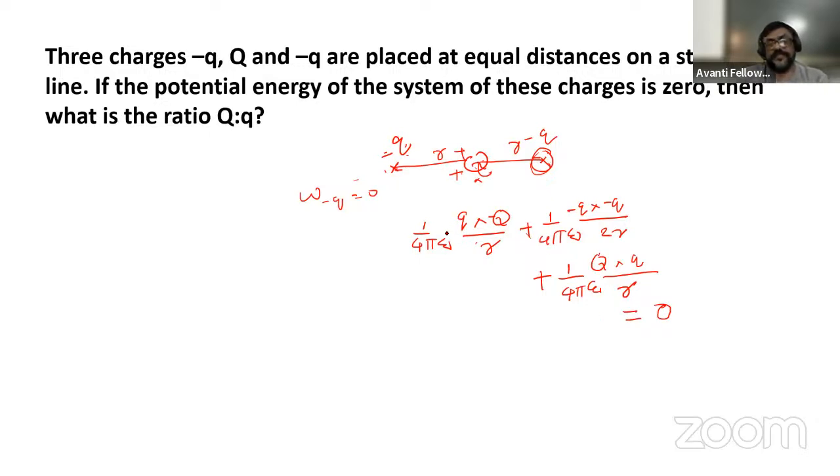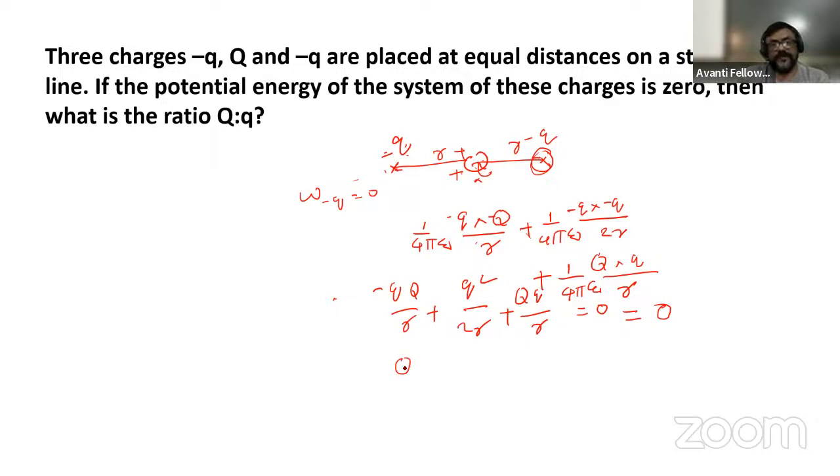Now we can cancel some terms. 1 by 4 pi epsilon 0 is common everywhere. This is negative Q into Q, negative Q by R, plus this is negative Q into negative Q, that is Q square by 2R, plus capital Q into small q by R, that is also equal to 0. The sum will be 0. So capital Q is common in these equations, small q is common there.